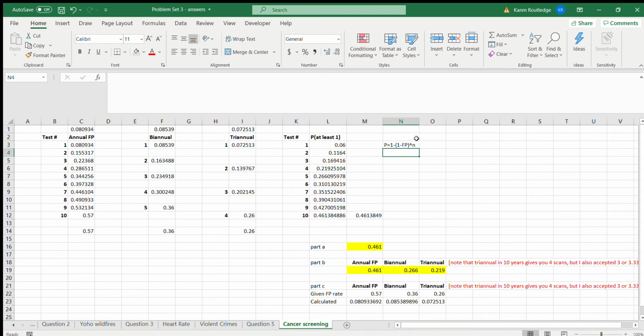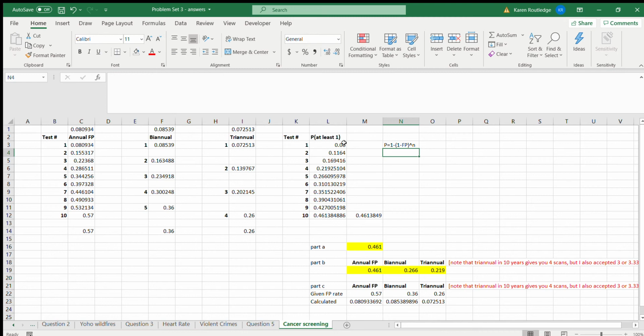Some of you were rather cleverer than I, and realized that you could use the binomial equation to solve this. I had never really thought about that before. I just defaulted to this equation. But if you think about it, it makes sense. In the binomial equation, you need the probability of an event happening, and we have that: a 6% false positive rate.